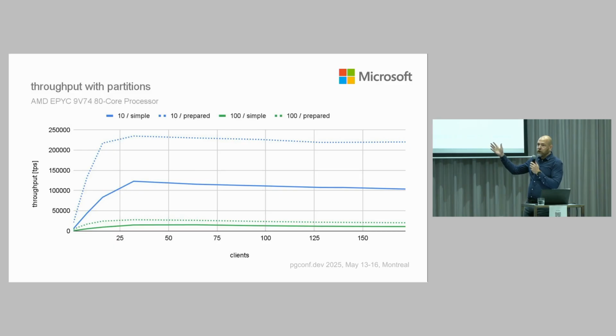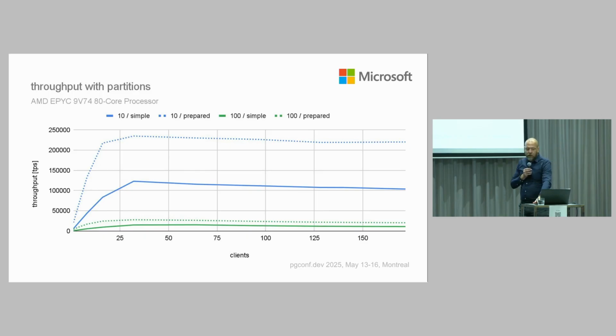So you should expect throughput being improved up to 100 clients and then maybe flatlining. And the numbers there, those are numbers of partitions, right? So with 10 partitions, you get maybe 100,000 TPS. With 100 partitions, you get maybe 10,000, right? So it's like a factor of 10 slowdown with relatively modest amount of partitioning.